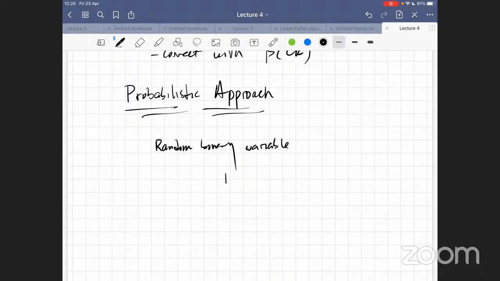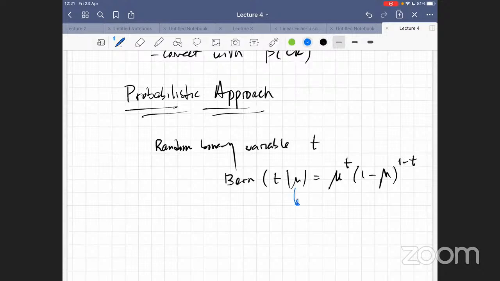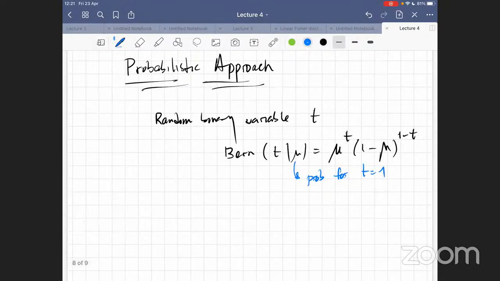If my variable is t, it was described by a Bernoulli distribution of this shape, with 1 minus t in the exponent, where mu is the true unknown probability for t equal 1. This is the value we want to estimate at some point.